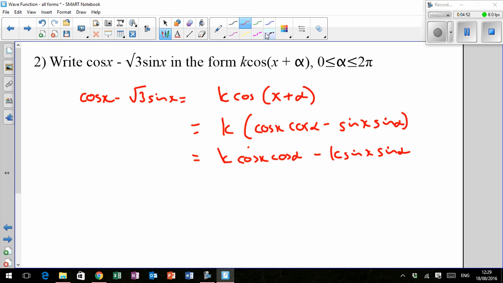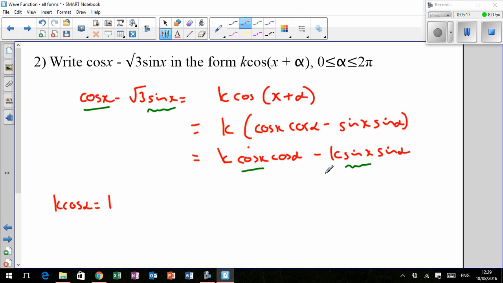Okay, now let's look at the equivalencies again. Cos x is here, cos x is here, which means connected to this cos x is k cos alpha. Connected to this cos x is just an invisible 1, so k cos alpha is equal to 1. Sin x here is connected to sin x here.